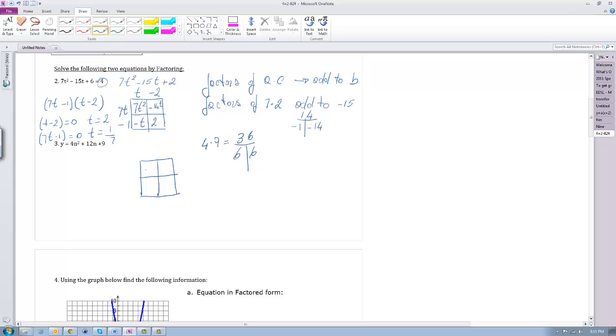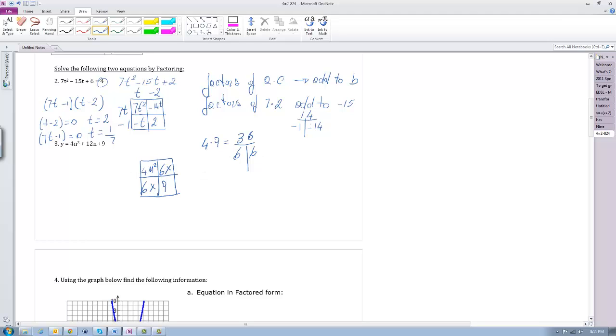The first box gets 4n squared. The box down at the bottom on the right gets the 9. On this side we write the two factors, 6x and 6x in this case.